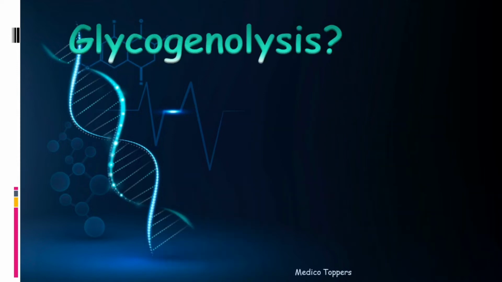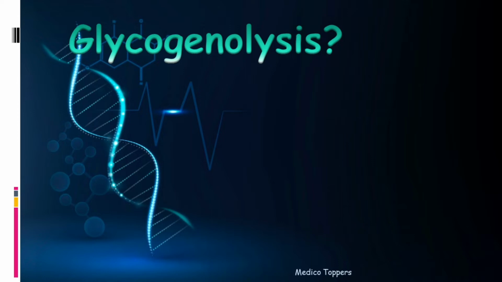Next, what is glycogenolysis? With the name itself we can say it is glycogen getting lysed. Lysed means it is breaking down. If there is breaking down of glycogen to glucose, that process is called glycogenolysis.